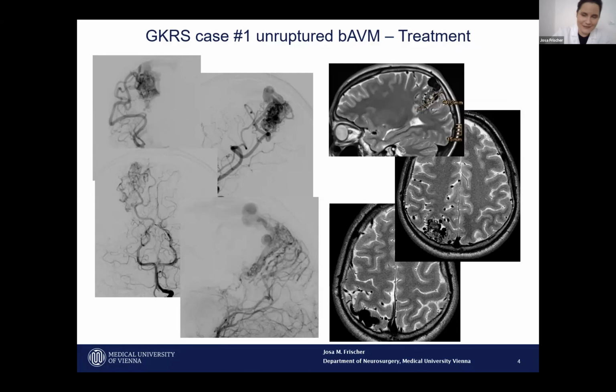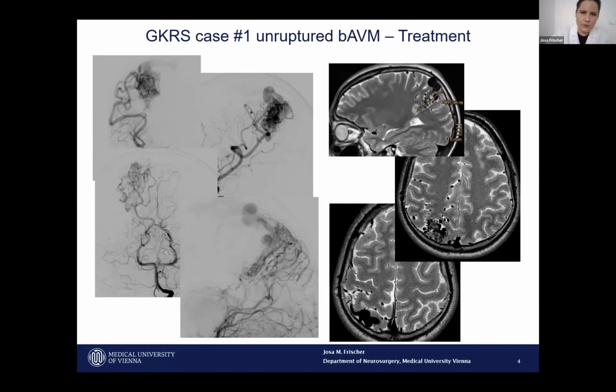It was in the post-Aruba area, and I did it in one go. The pictures you see here are already the planning MRI and the planning angiography. I always do the radiosurgical planning on angiography and MRI, and I also do a bone window CT scan, just to fuse all the different available imaging data.